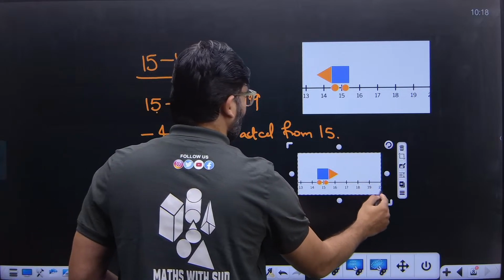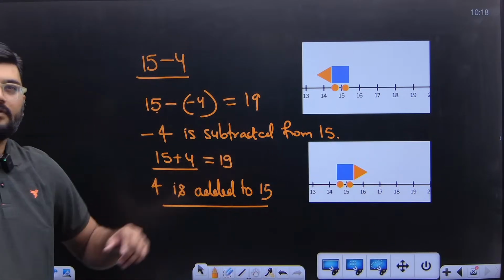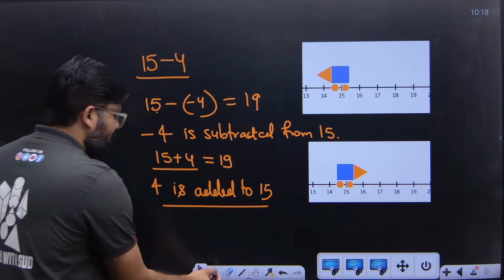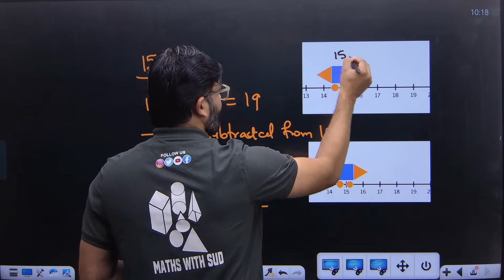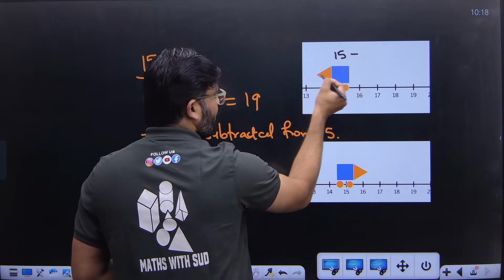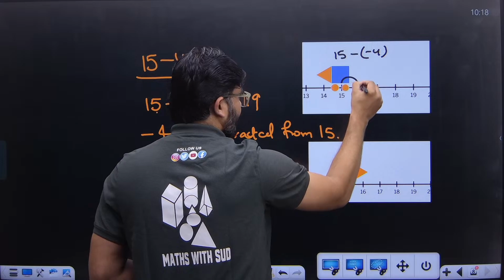Can you make out the difference between the two cases? What is happening? This term is 15. Negative means you are facing towards negative direction. Negative 4 means you are moving in the backward direction.